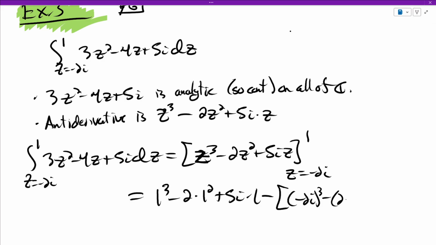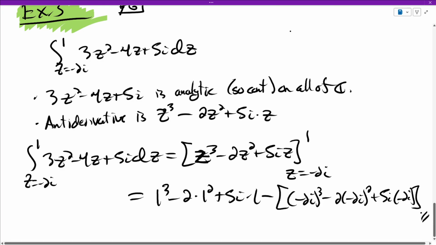And I'll leave it to you to determine what this is as a complex number of the form a plus ib, but I'm not gonna do the arithmetic after that point. And that's it. So we check that our function is analytic, and then we just go do computing, and it's not harder than that.